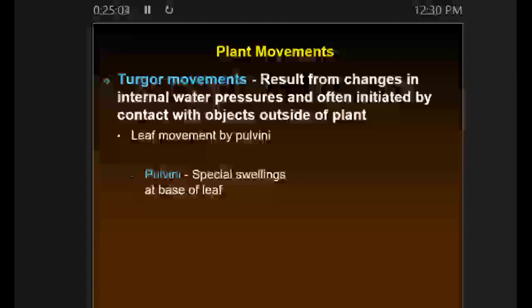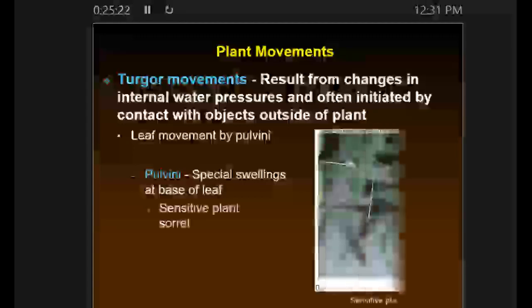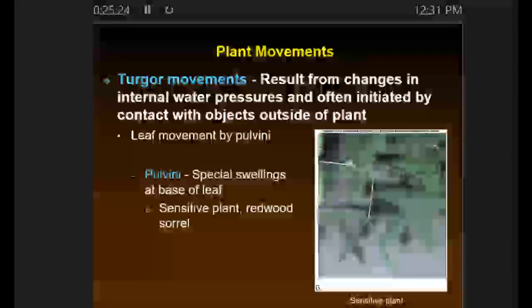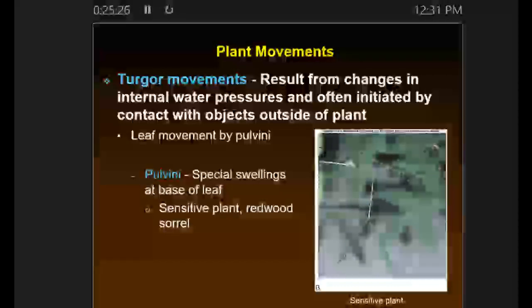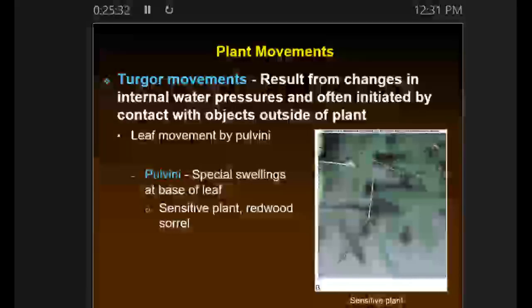So that's just a fancy word. Pulvini is just a fancy word for a region of tissue that is going to get this turgor pressure shifting going on. And often what we see is that either at the base of the leaf or at the petiole region, which is the little leaf stalk, that's where you're going to see the pulvini tissue. And so with most of the plants, it's at the base that they have pulvini.